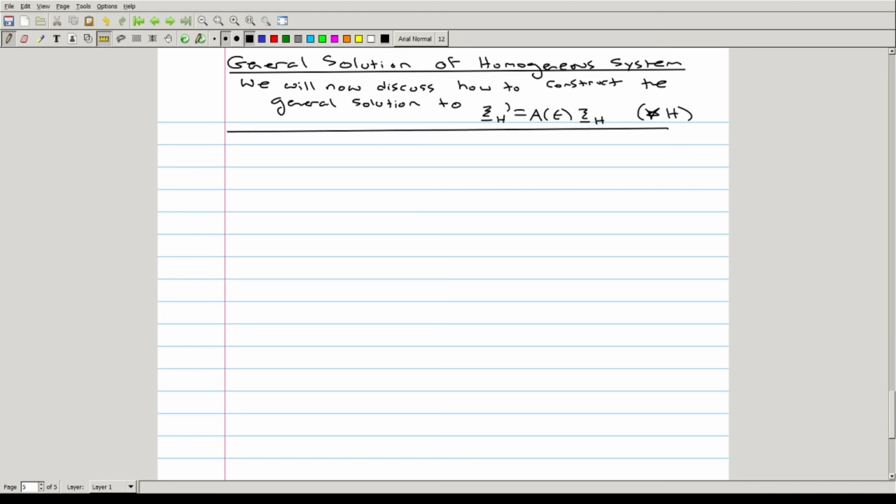And right off the bat, we will need a couple definitions that are essentially definitions that are coming from linear algebra. And this is the definition of what it means to have linearly dependent versus linearly independent vectors. And really we need to extend this idea to vector valued functions.